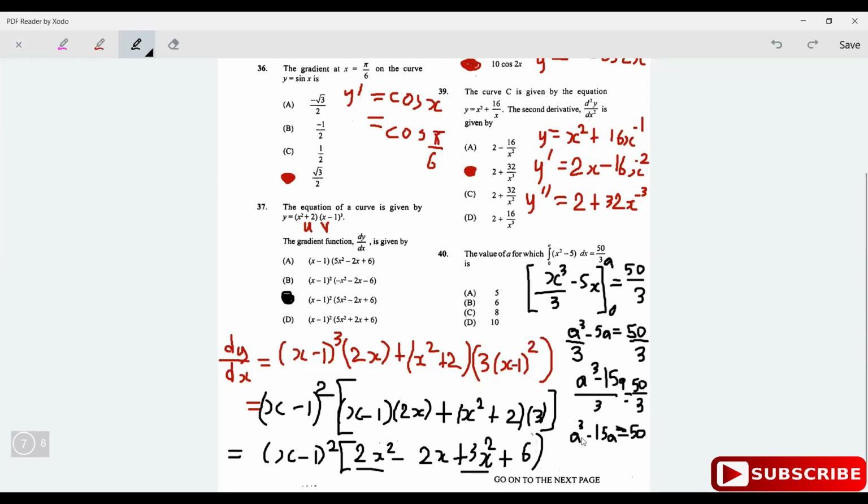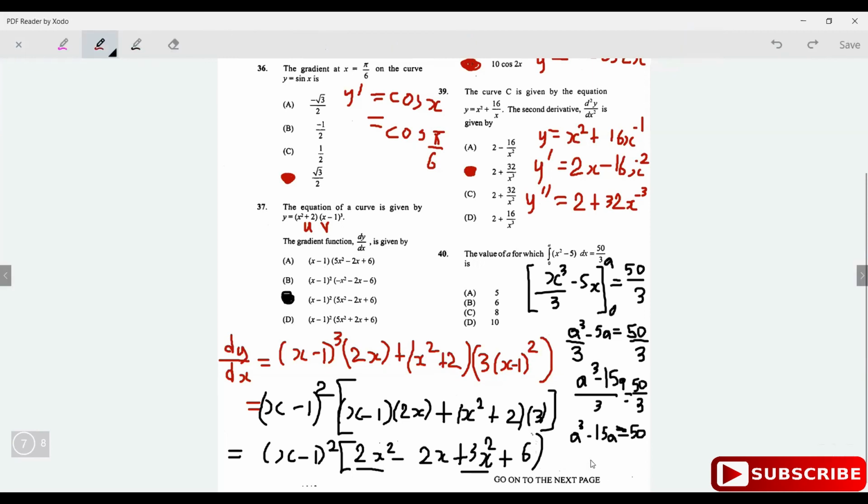All right. Now you could go ahead and use trial and error, but my suggestion would be for you to try values for a and see which one will give you 50. So for example, 5 cubed minus 15 times 5, that's 50. The first one gives me 50.